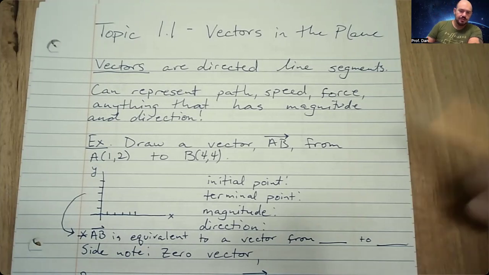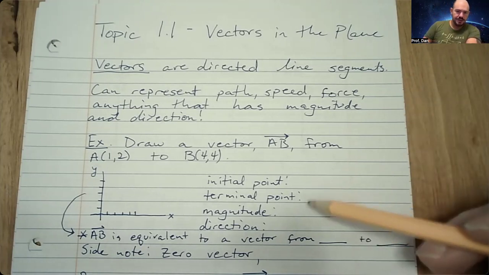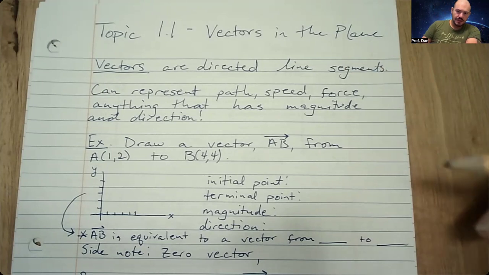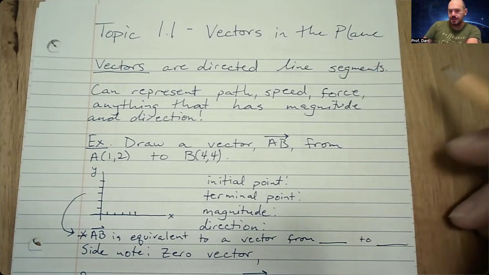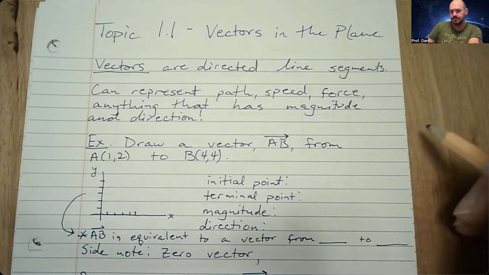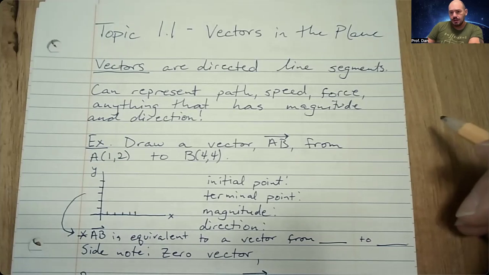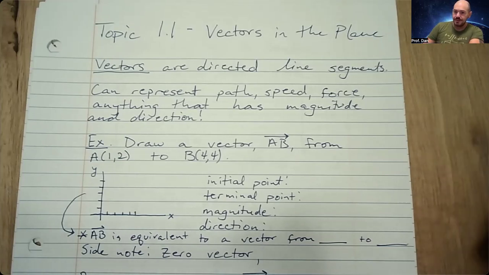And the thing is, these 2 points, which we call the initial point and the terminal point, can be in a plane on a piece of paper, painted on a wall, on the floor. We could also have 2 points in three-dimensional space. We could have 2 points on a single line, right?